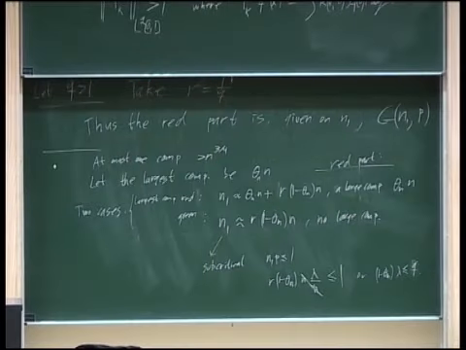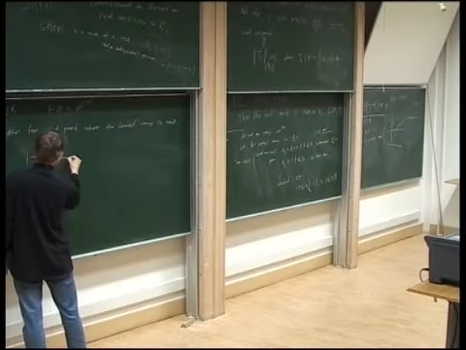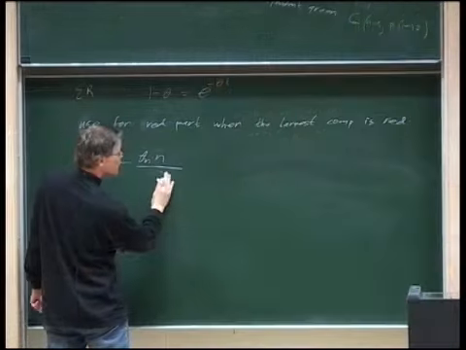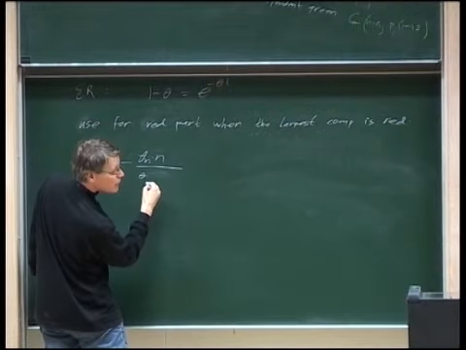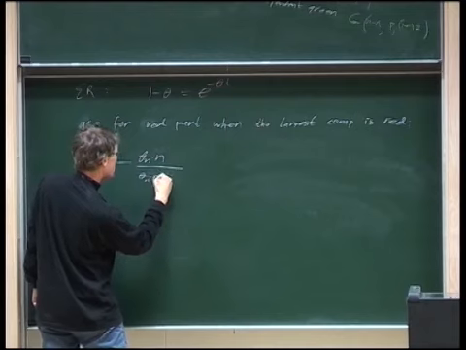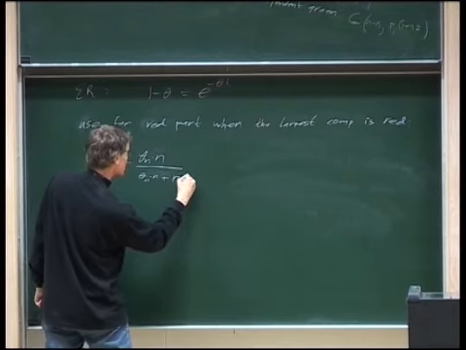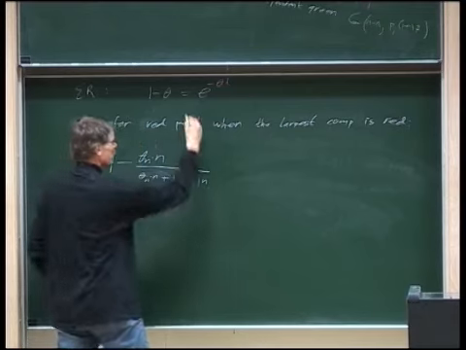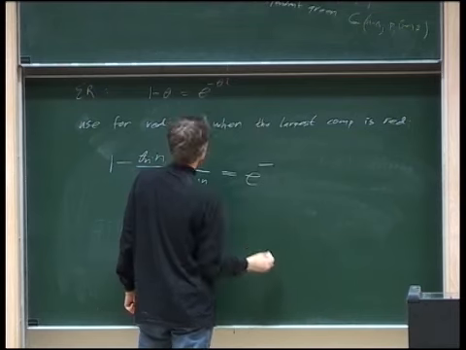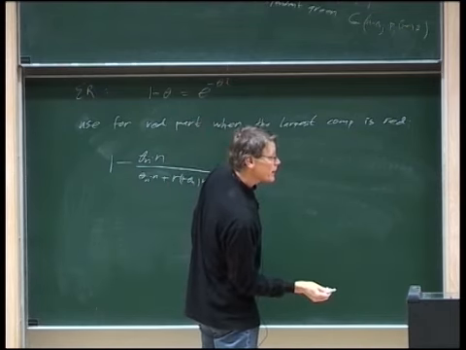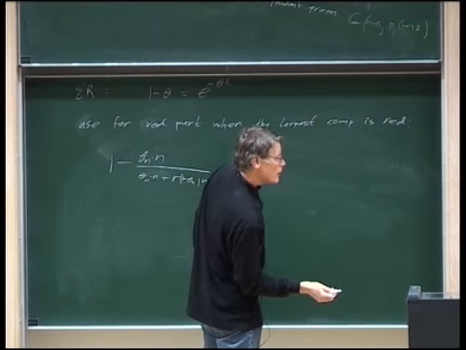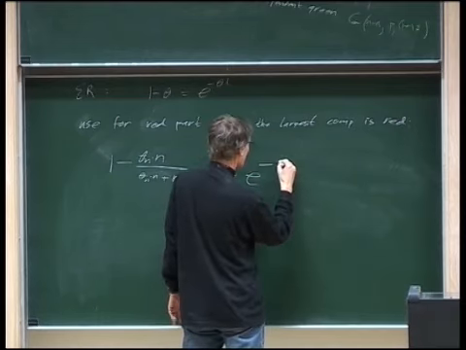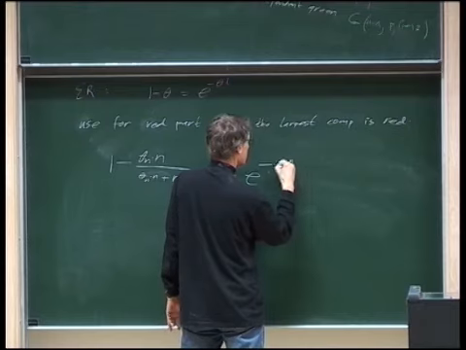So I have to be a little bit careful here. 1 minus theta n times n divided by n1, which is theta n times n plus r times (1 minus theta n) times n. This should equal e to minus theta, again, this is theta n times n divided by n1.